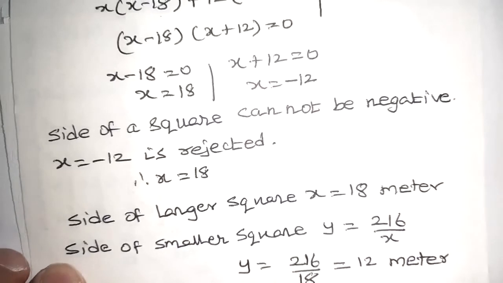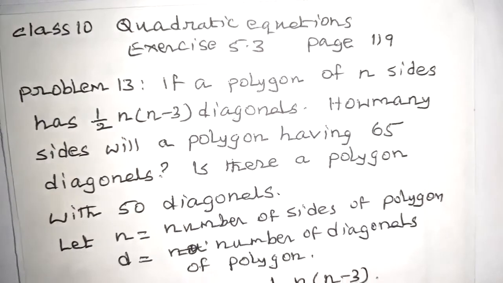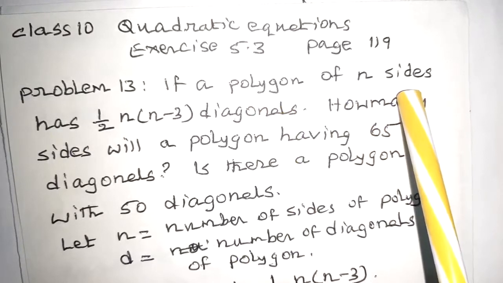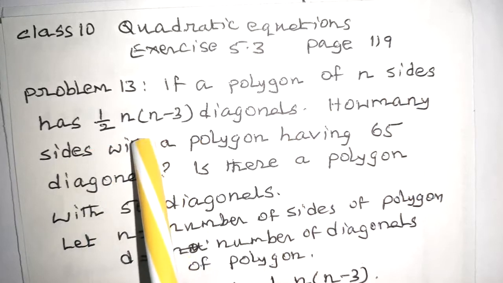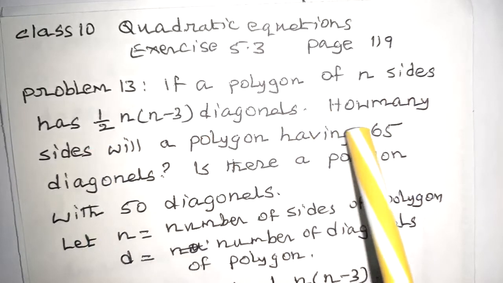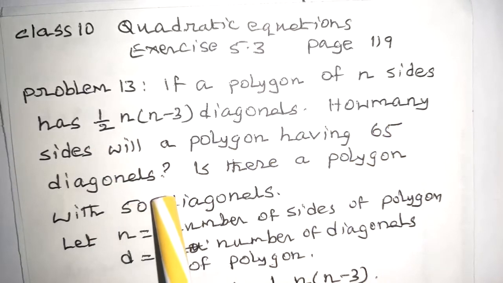Now we consider another problem. If a polygon of n sides has 1 by 2 n multiplied by n minus 3 diagonals, how many sides will a polygon having 65 diagonals have?